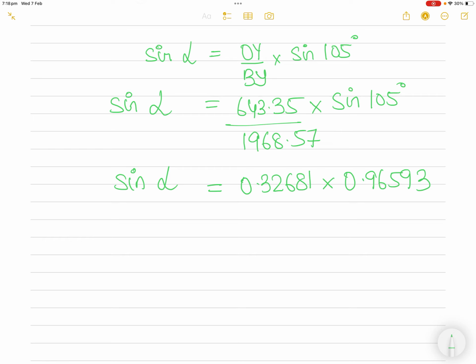Now multiplied by 0.32681, what you will get is sine L equals 0.31567.